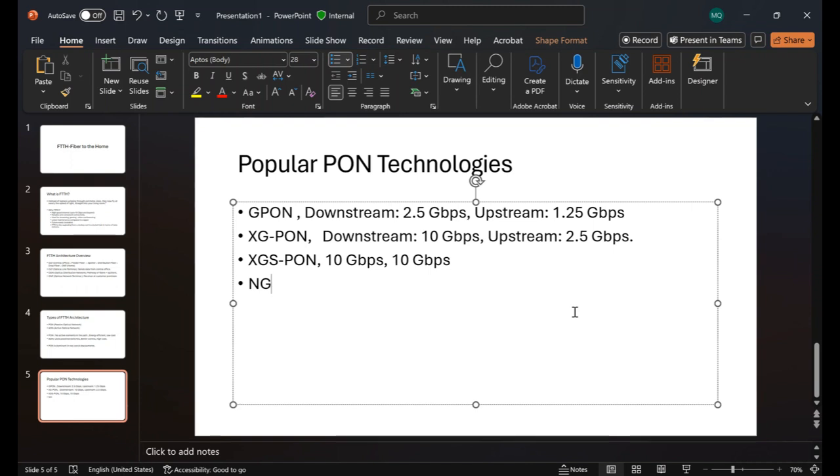And NG-PON2 downstream of up to 40 gigabits per second, and upstream is variable, 1.25 or 2.5 or up to 10.